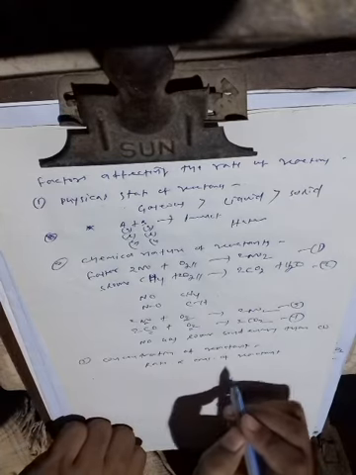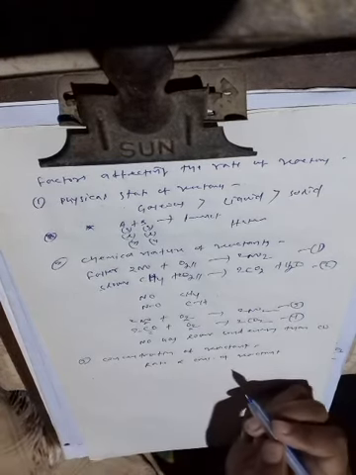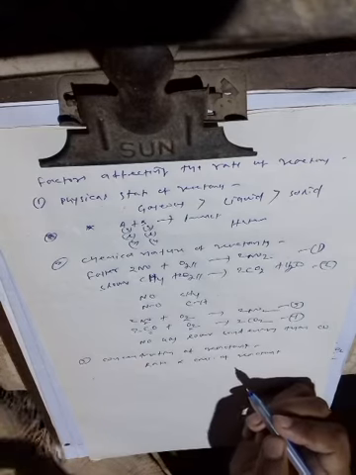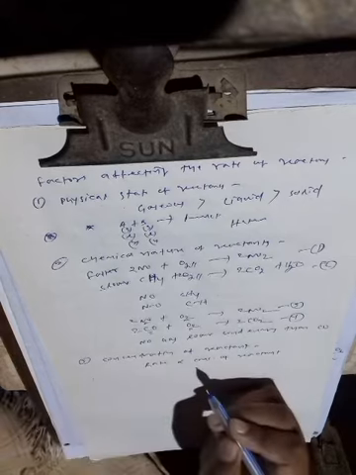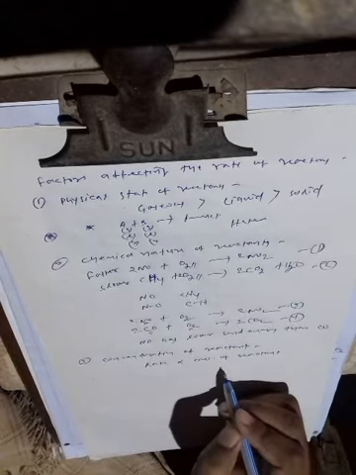When the concentration is less, the rate is slower. And we know that when a reaction proceeds, the concentration of reactant gradually decreases and the rate also decreases. So when the concentration of reactant is more, the rate is faster, and when the concentration is lower, the rate is slower.